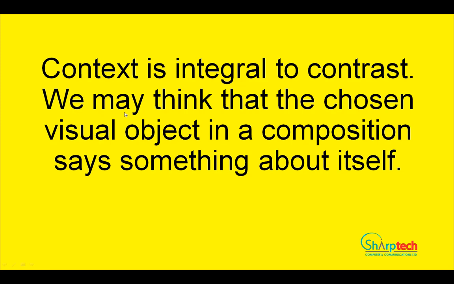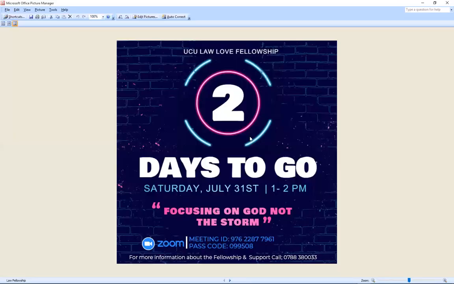That's what we are saying here: we may think that the chosen visual object in a composition says something about itself. If it is alone, that's what we will assume. But for the real meaning of that object to come out, we need other elements surrounding it, just like the number 2 here.